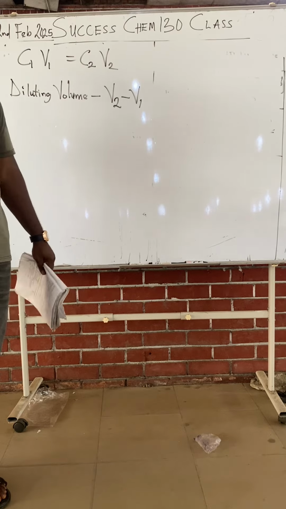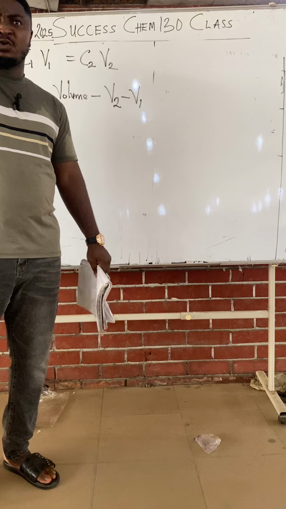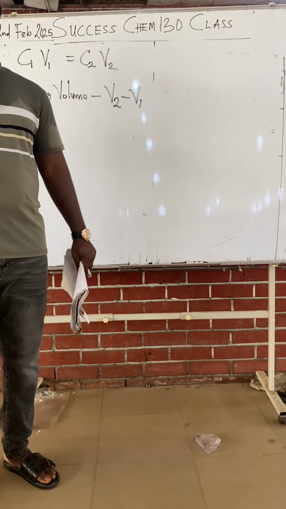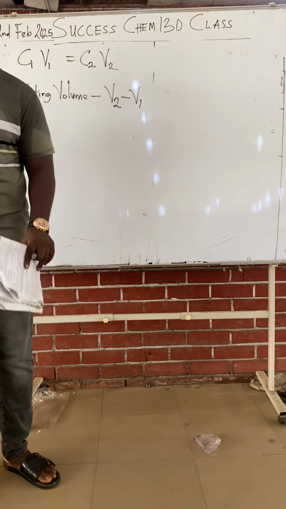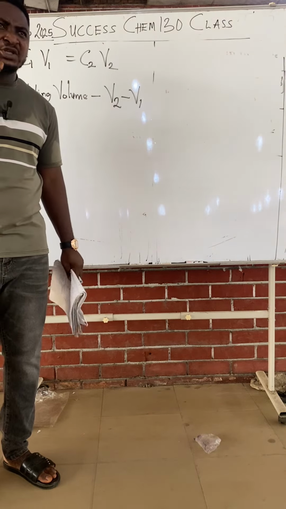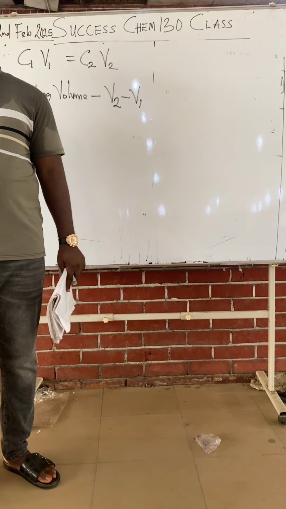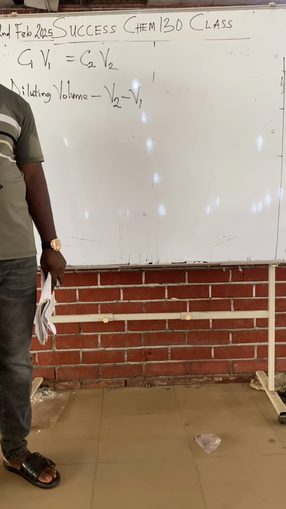If there's an option, it will remind you if you have read it before, something you have read in the textbook. When they put in the option, you remember, right? I've seen this one. But when there's no option, nothing to remind you, so you are working from a blank memory. That's what made us have a lot of F's in chemistry and Math 120. We had so many F's.